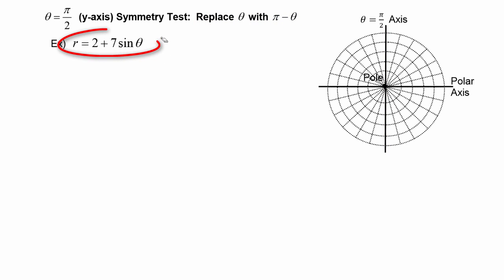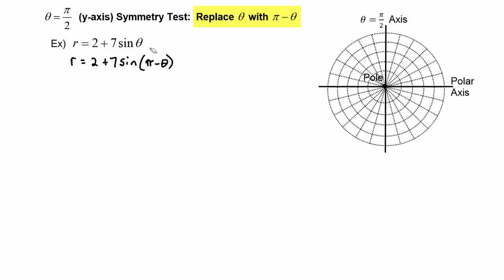In this example, we have r is equal to 2 plus 7 sine of theta. So this will become r equals 2 plus 7 times the sine of pi minus theta, because we do that replacement where instead of theta, we put pi minus theta.